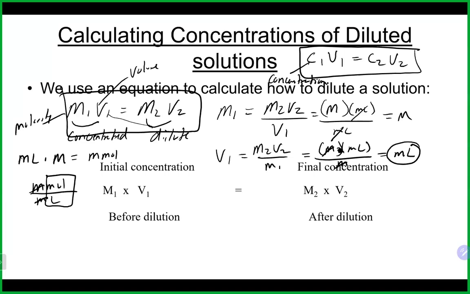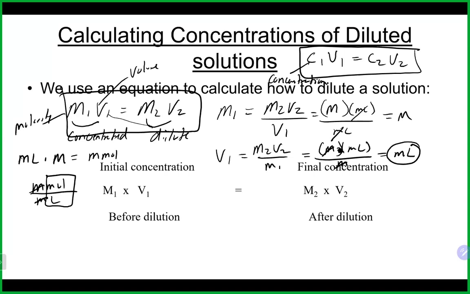Technically speaking, if you wanted to use that equation with percent mass to mass on both sides, it's all good. If you want to use volume to volume percent on both sides, it's all good. But since we commonly use molarity as the most common unit of concentration, M1V1 equals M2V2 is oftentimes used. A more generic version of that equation is the same equation, basically just C rather than M, and it works the same way.